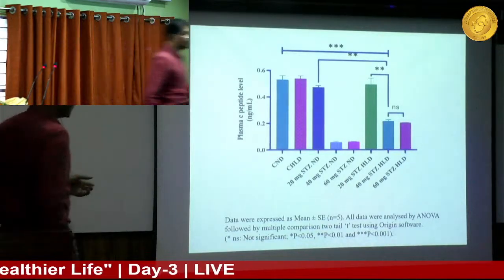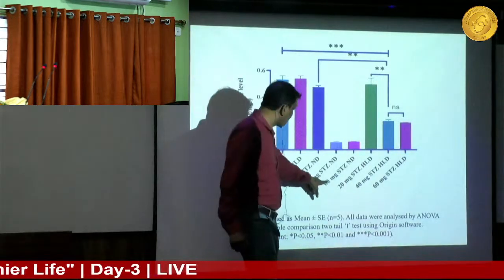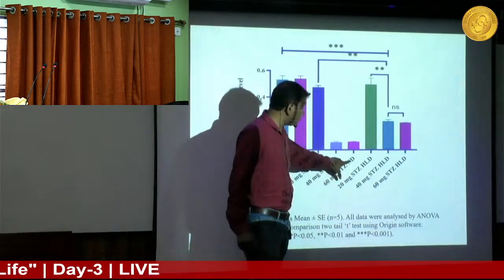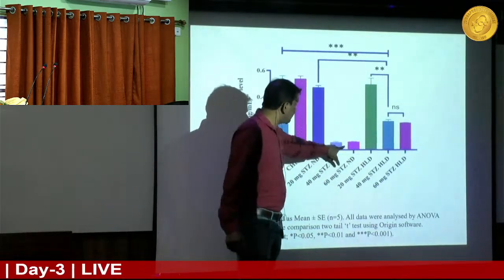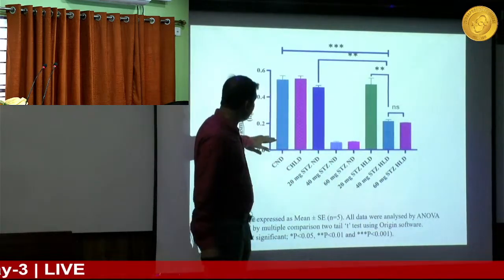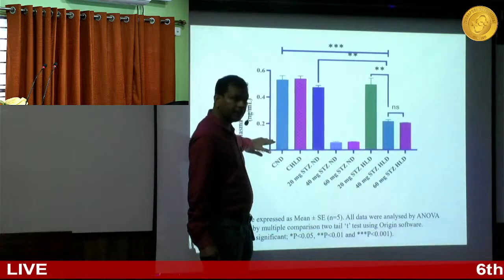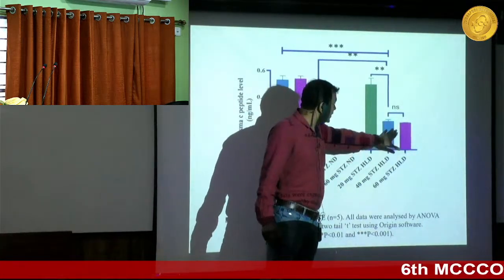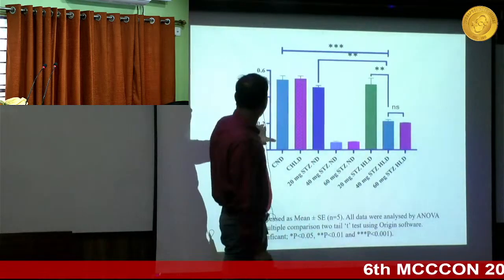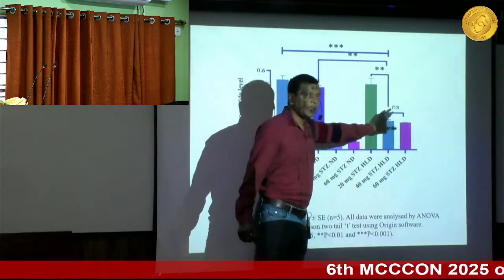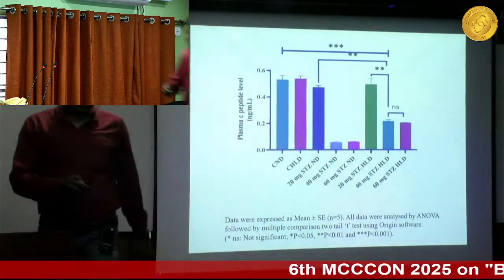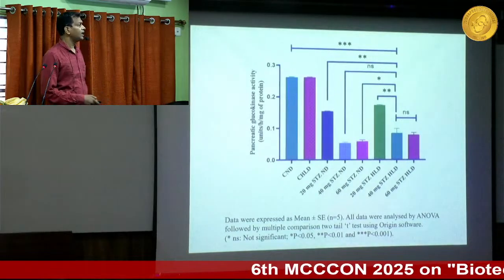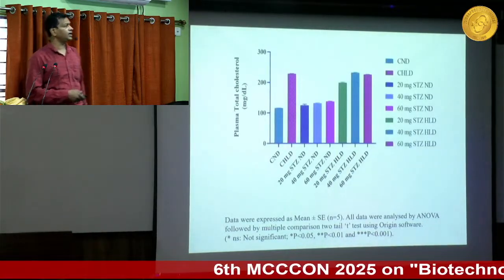So here 40 milligram and 60 milligram streptozotocin normal diet, the C-peptide level is below 0.1 nanogram per ml. But when HLD diet rats, surprisingly, it is above 0.2 nanogram per ml. That indicated. And also pancreatic glucokinase, total cholesterol.